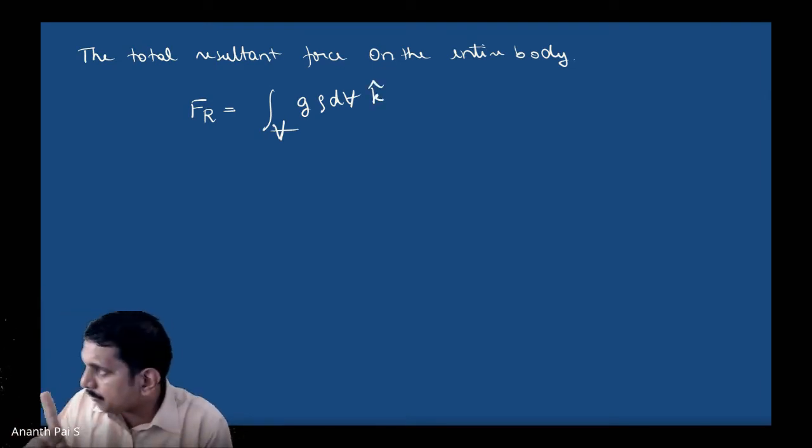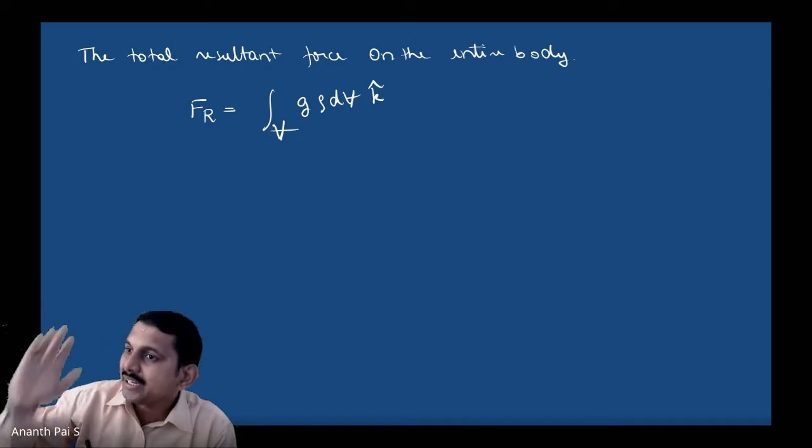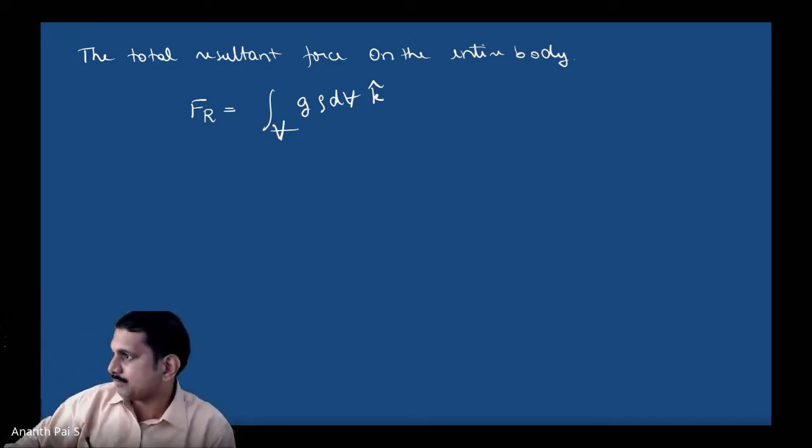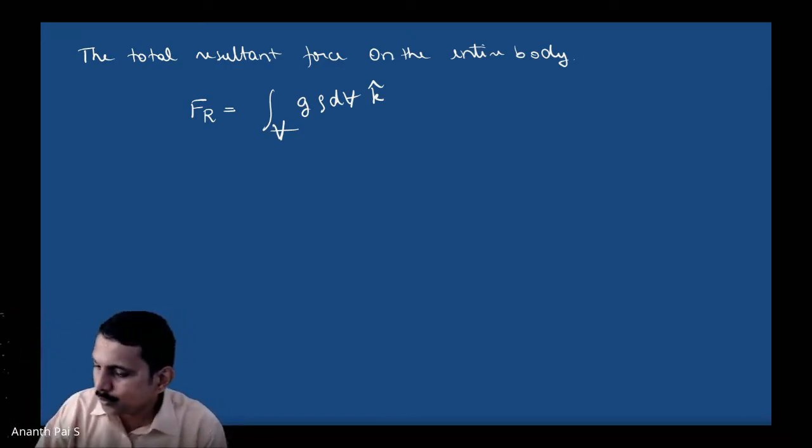Correct? Keep in mind again, I have taken positive in the negative z axis. Downwards is positive. It's notation, it depends on how you want to see.